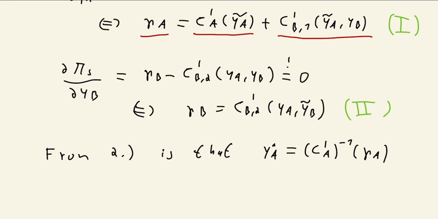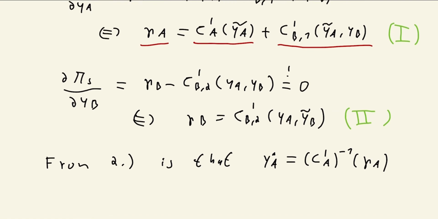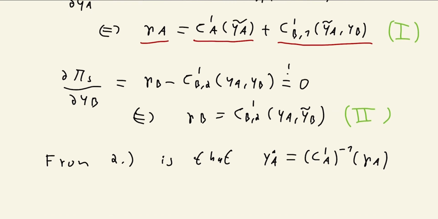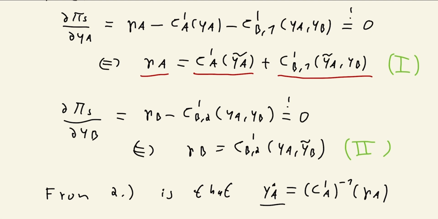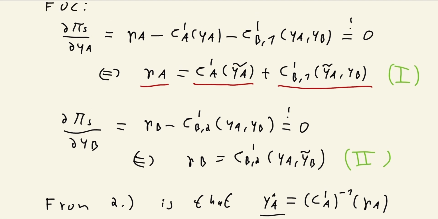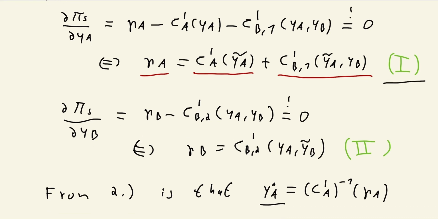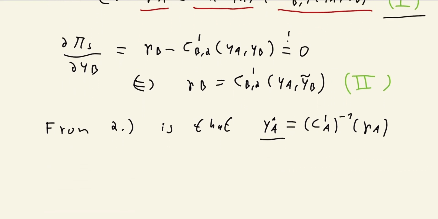And what we do is we simply plug in this expression here for ya star, we plug it in for ya tilde in condition number 1 here. Let's do this. So what we get, let me just write it down.